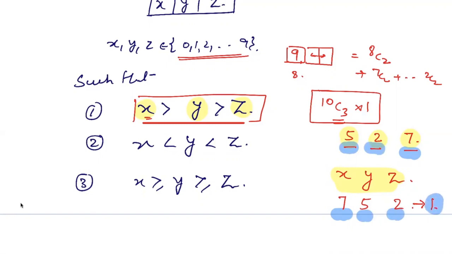So 10C3 into 1 will be our arrangements, right? Look into the second one. The condition is almost the same, but the order is different, right? If the order is different, then how could we go for that?